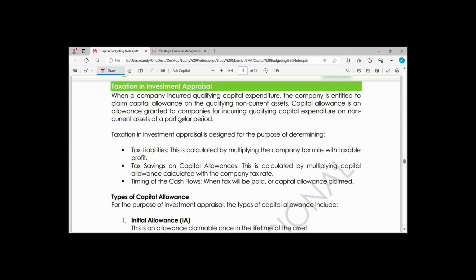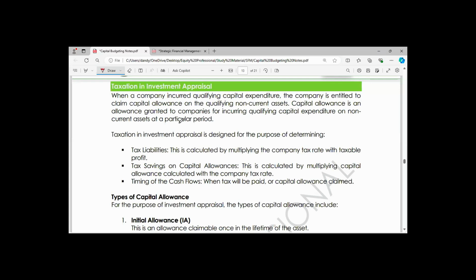Okay. Now, there are three main reasons or purposes of incorporating taxation in project evaluation or investment appraisal. One is to determine the tax liability.